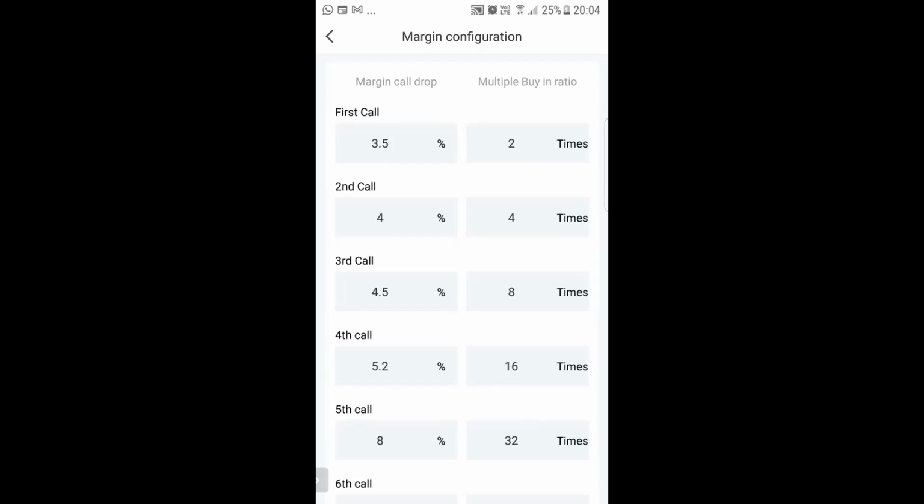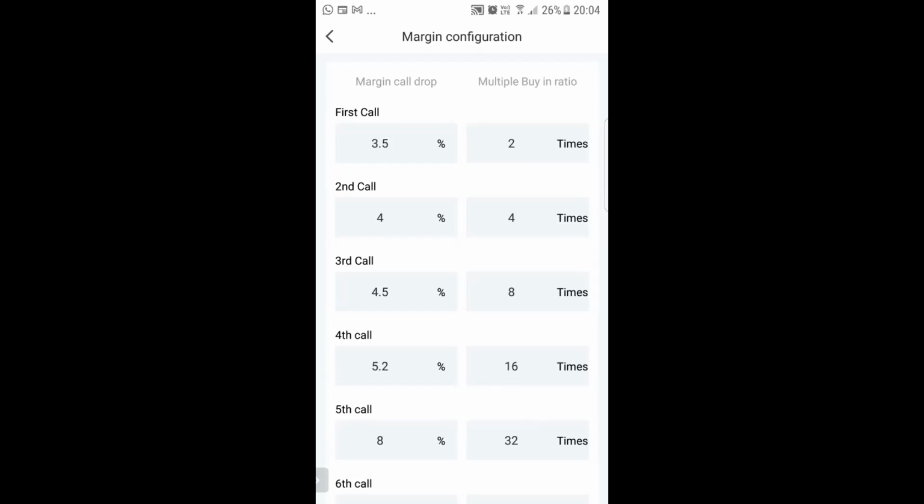Now you can see that there are two columns below margin configuration. You can see we have margin call drop. Margin call drop, it means bearish. It means fall. When the price falls, when the price reduces, there must be a way in which we are buying. And not only that, on the second column, the heading is multiple buy-in ratio. How are you going to be buying again after you have entered?